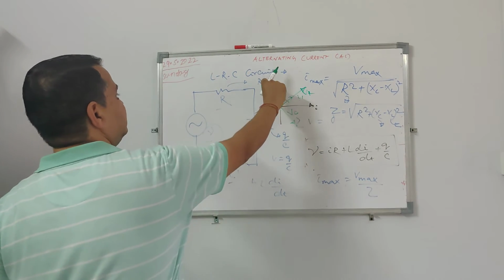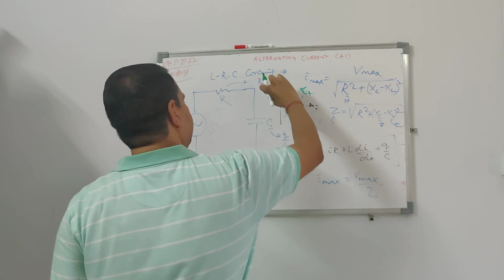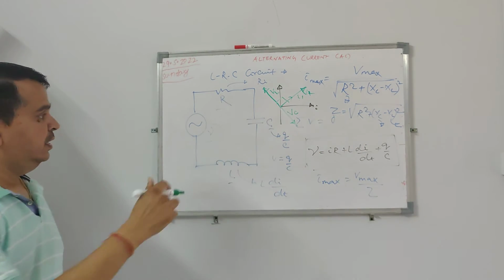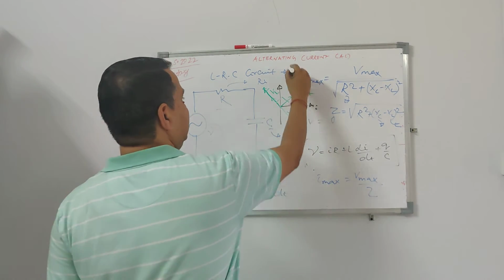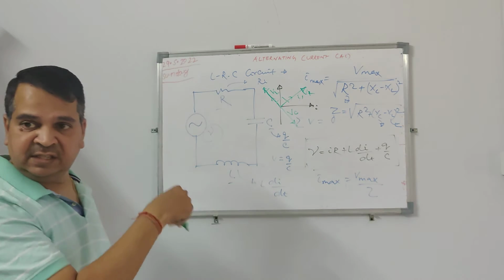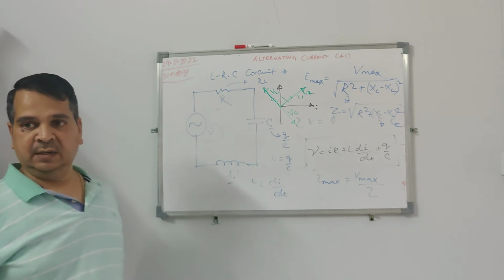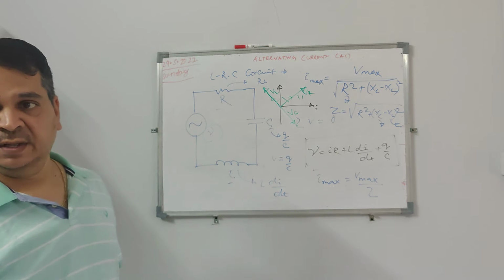If the drop across the inductance is more, then VL minus VC is in this direction, so voltage will lead. But if your VC is more than VL, then voltage will lag. So it all depends on the relative magnitude of XL and XC, right?